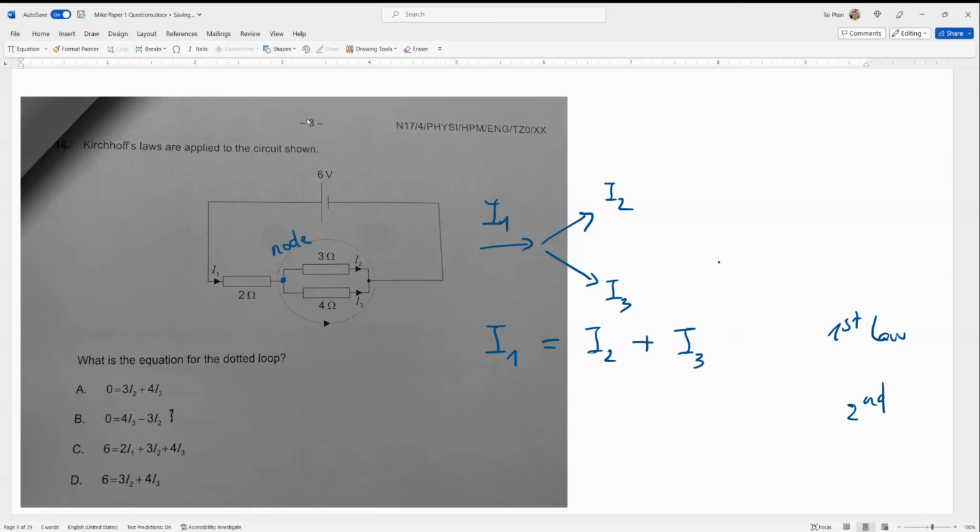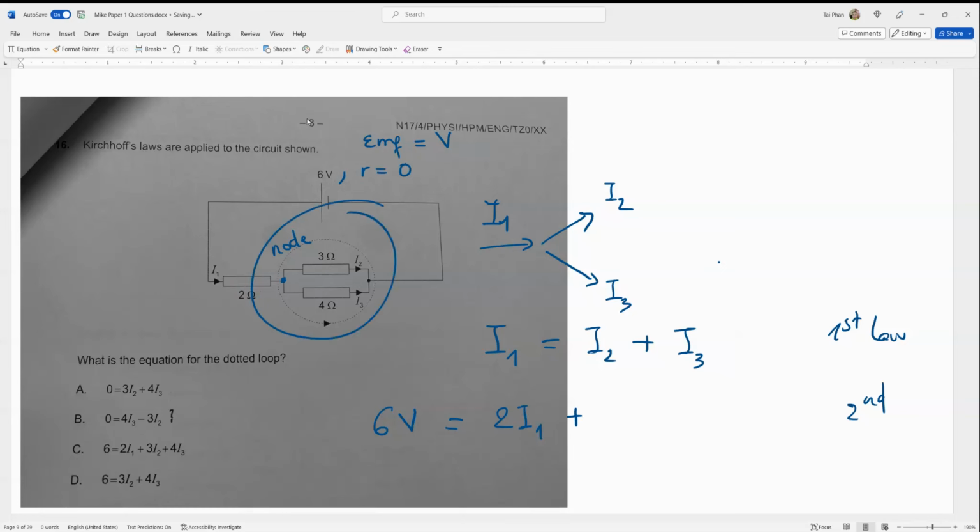of Kirchhoff involves the voltage of the battery, 6 volt, the EMF actually, because the internal resistance here is 0, so the EMF is equal to the voltage, 6 volt. 6 volt is equal to the total voltage of the components, which is the voltage across this resistor, I1 times 2, where 2 is the resistance, plus the voltage of this branch.